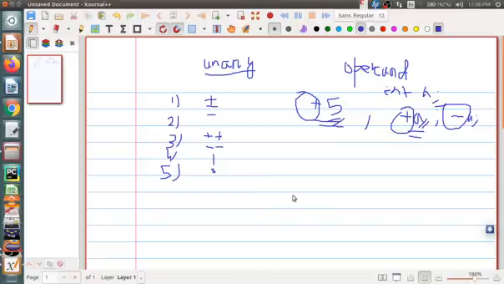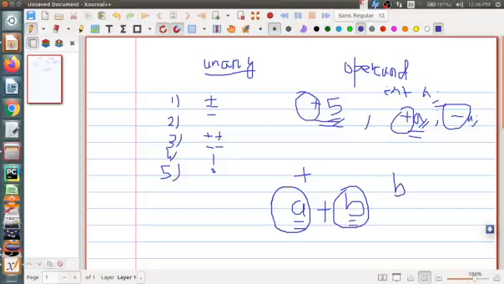In case of a binary operator, with the same plus sign, you write a plus b. You are adding two integers or two variables. You need two operands, so that is called a binary operator.